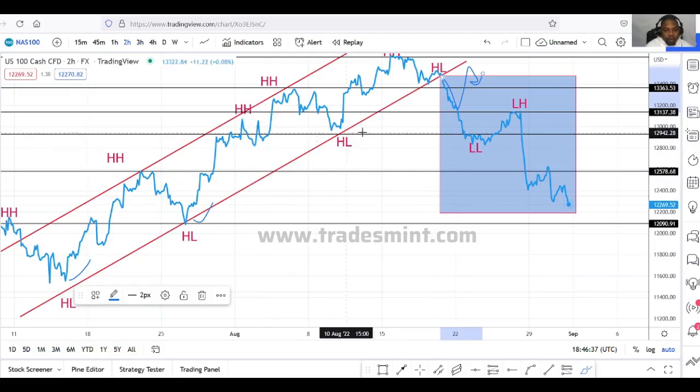When we broke the higher low, we already are expecting to have what? A lower low. And the retest of the lower low is no longer a higher high, but it's a lower high, and it's always going to retest where? It's always going to retest on the previous higher high.